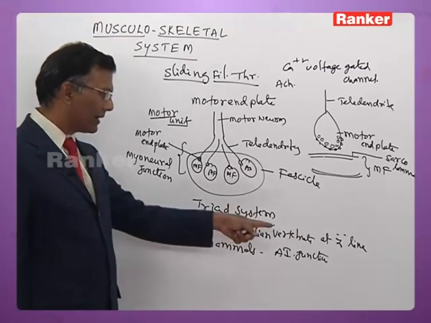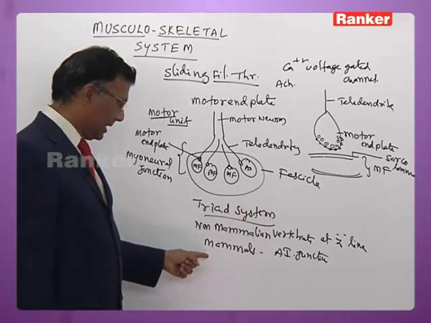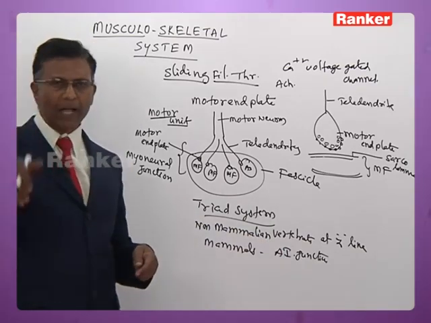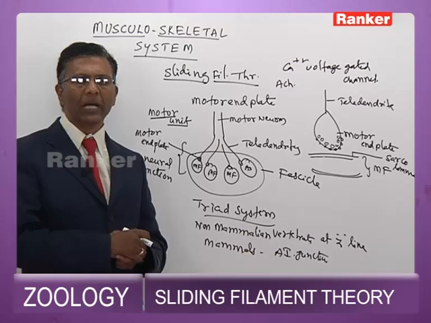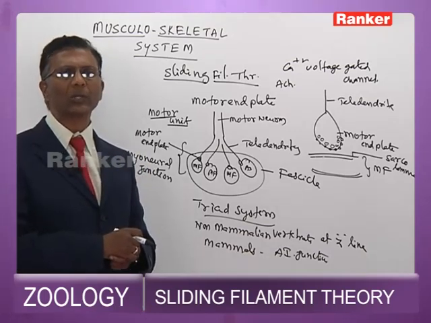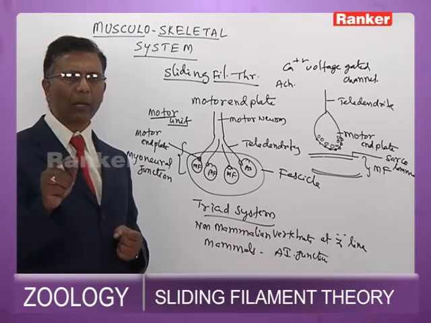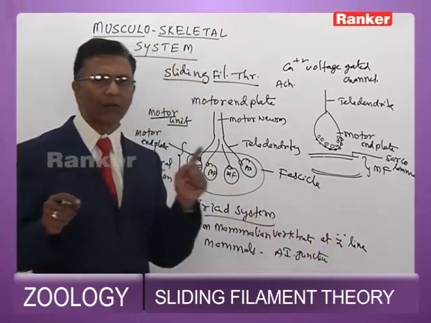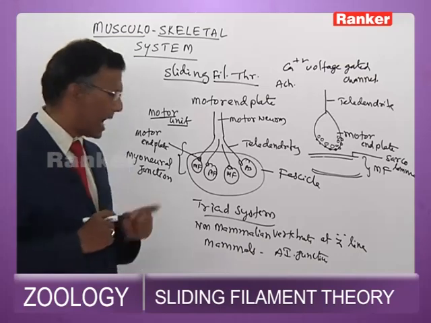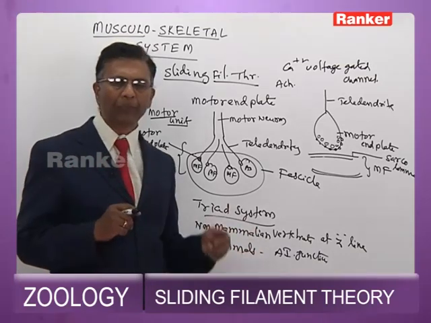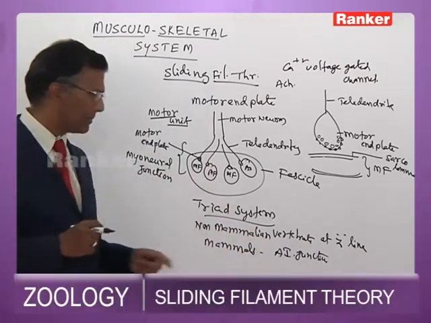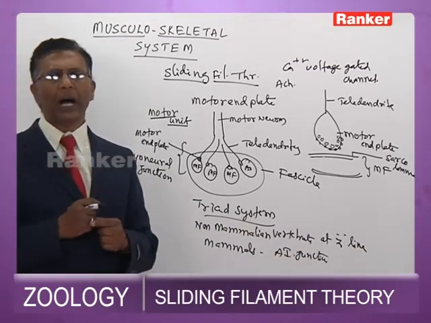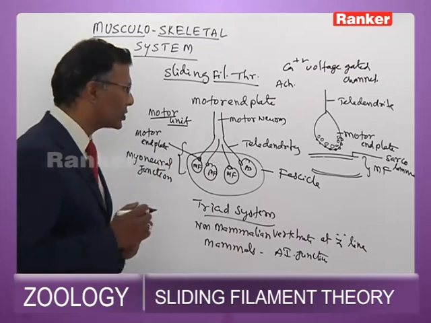In non-mammalian vertebrates at the Z line, in mammals at the AI junction, the sarcolemma invaginates into the sarcoplasm in the form of several transverse tubules. So the sarcolemma invaginates into the sarcoplasm at the Z line in case of non-mammalian vertebrates. In case of mammals and human beings, it invaginates into the sarcoplasm at the AI junction in the form of several invaginations known as transverse tubules.